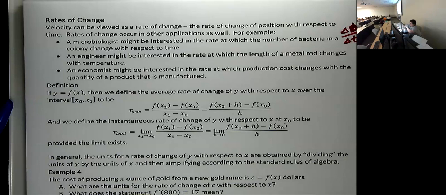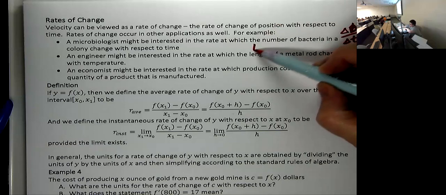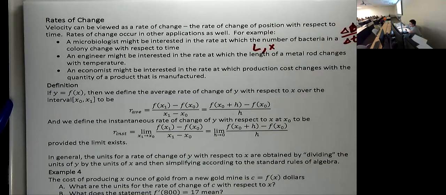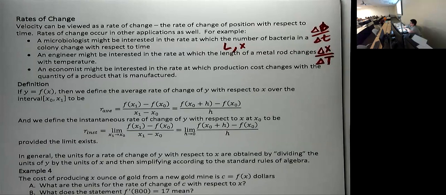An engineer might be interested in the rate at which the length of a metal rod changes. Sometimes we use L for length, sometimes X. So this metal rod changes with respect to temperature, and temperature is always a capital T. An economist might be interested in the rate at which production cost changes.